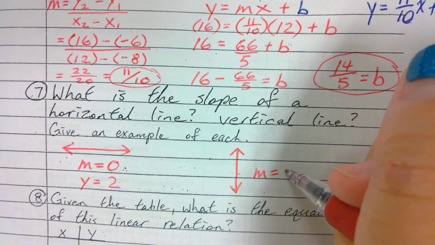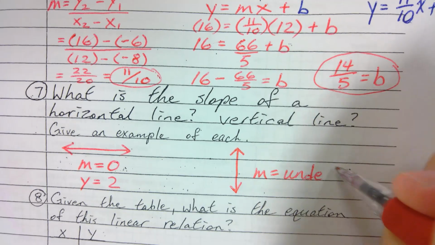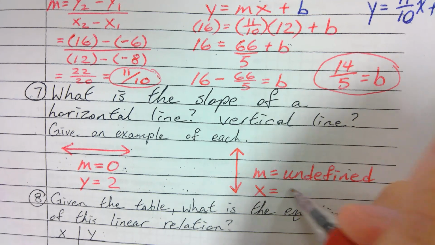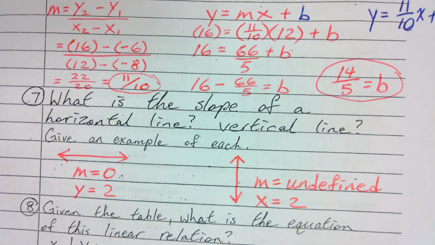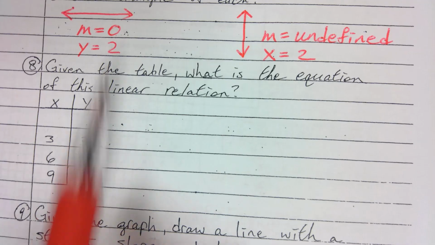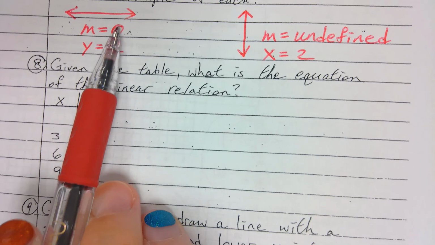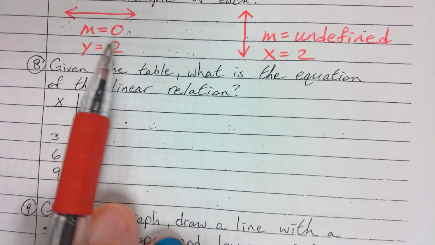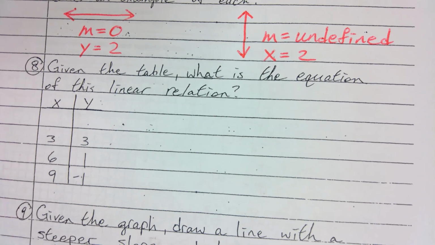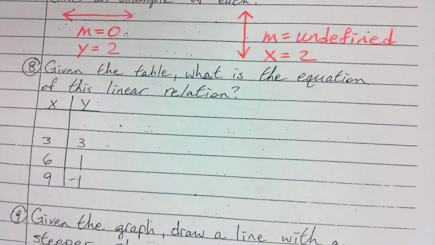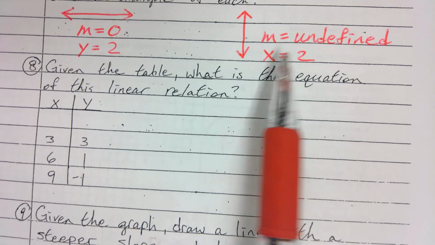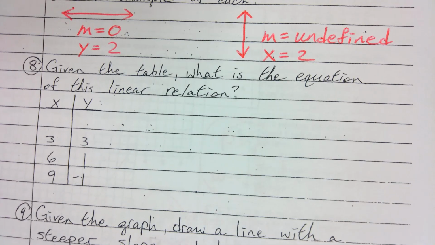Ethan. Undefined. And can you give me an example? X equals 2. Perfect. Good. And you can tell that this is y equals because when m is 0, you can think of it as y equals 0x plus 2, which then is just y equals 2. And then because m is undefined here, that's why you don't have a y equals.